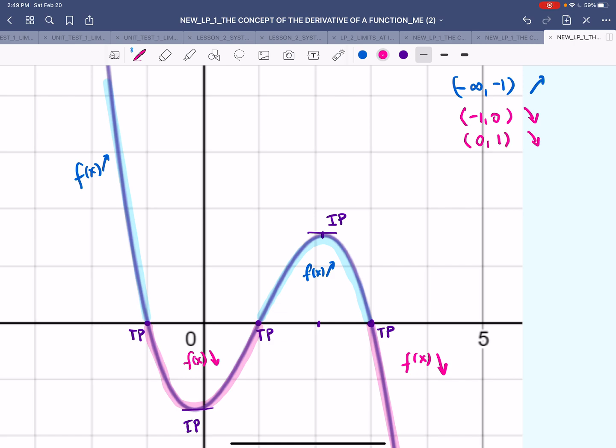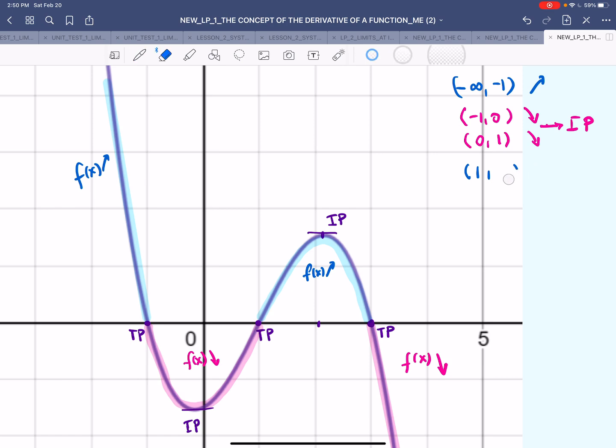There is going to be an inflection point in between. And then from x equals 1 to x equals 3, the function is increasing again. It will have another inflection point in between, and I'm going to separate them.